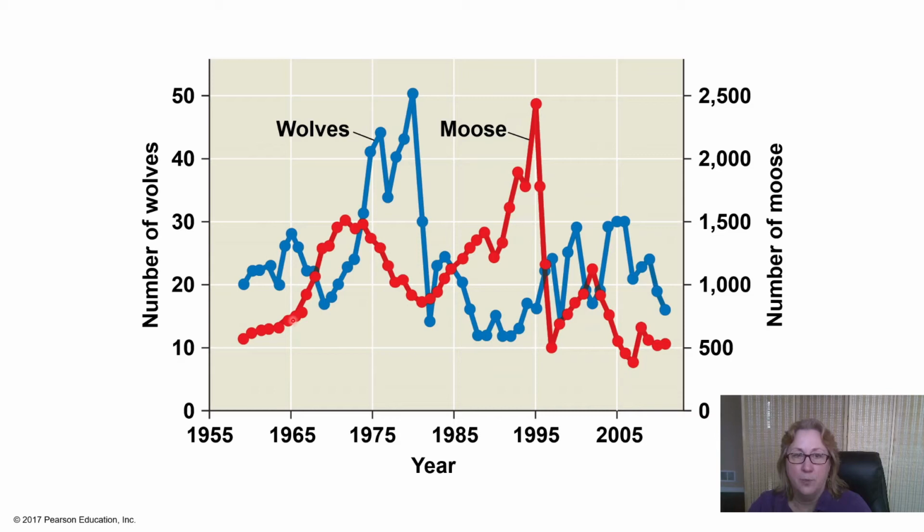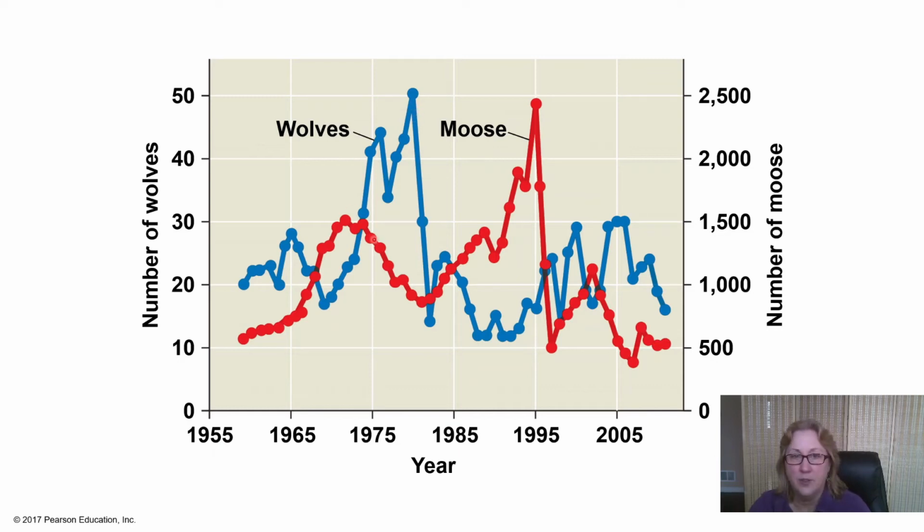And what they found was that the moose population will increase if there's available food. Moose are herbivores. And then the predator population will then increase. And then as the predator population increases, the moose population decreases, mostly because the wolves are going to reduce moose reproduction by killing young babies.